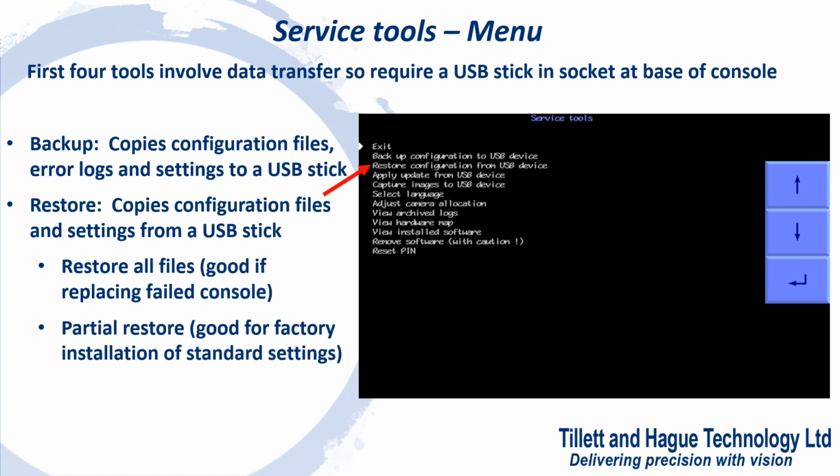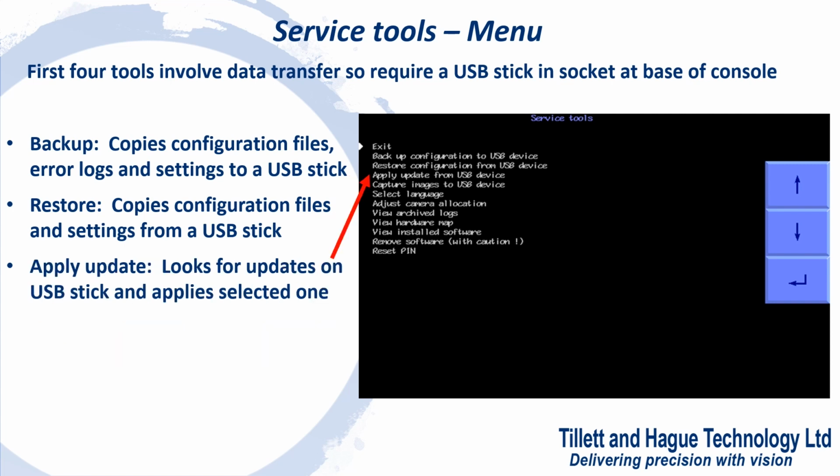So in the scenario of a console having failed and a new replacement being fitted, a full restore will instantly return the machine to full working order, behaving exactly the same as before the failure. In a factory production scenario, where you wish to set up a number of machines in an identical way, you can save the time of individually entering parameters into each machine by doing it once, taking a backup, and doing a partial restore onto all the others.